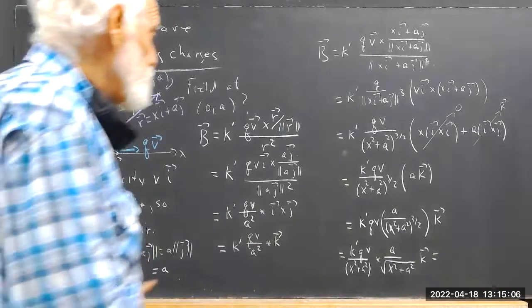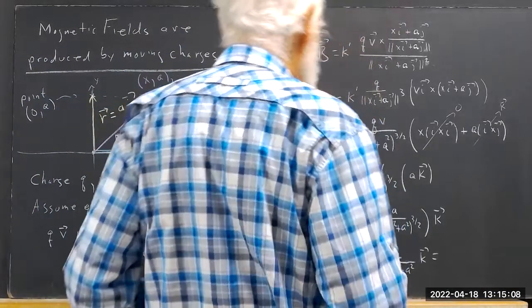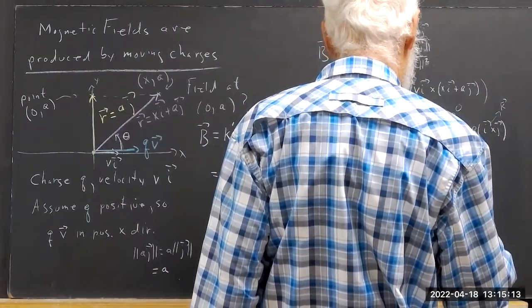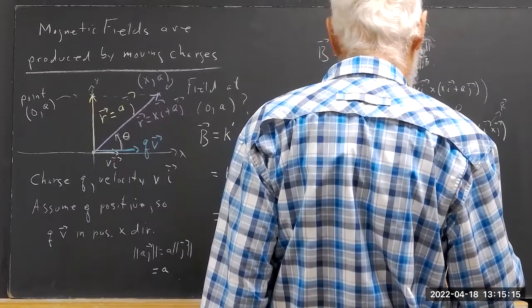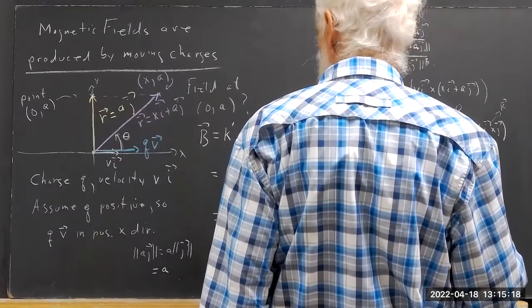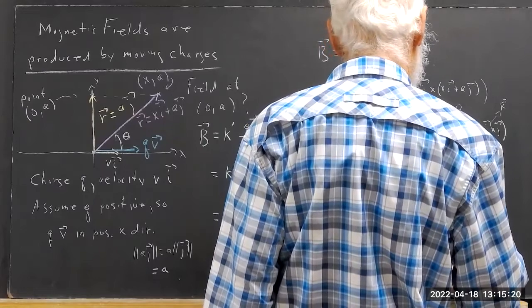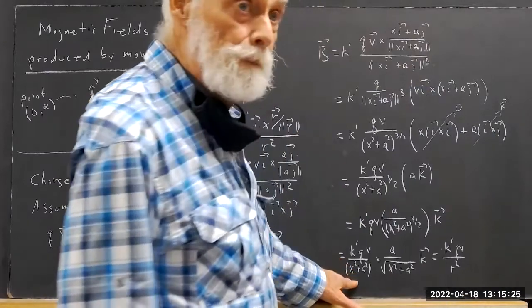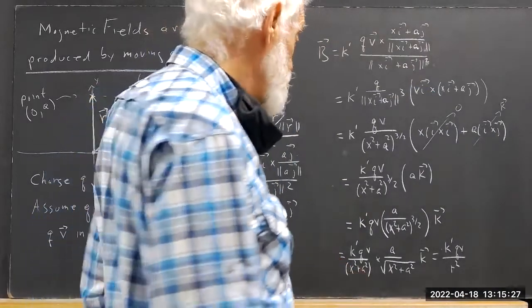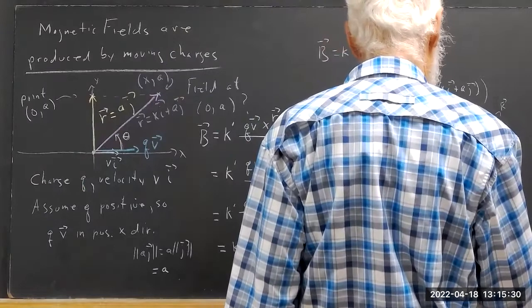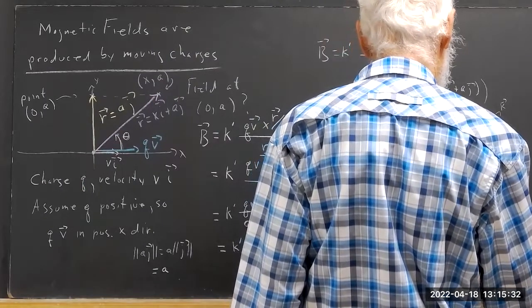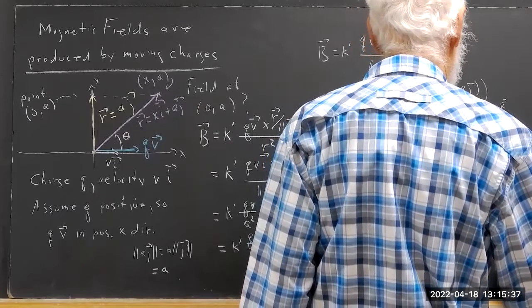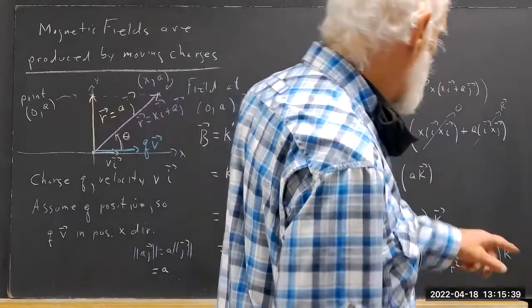Anyhow, by making the trigonometric connection, you see this is K prime QV over, I'm going to write now as R squared, times sine theta times your K vector.